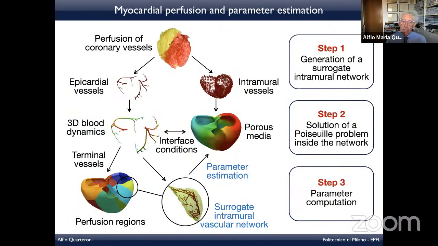Now, can we describe this fluid dynamics as well? Well, the difficulty here is due to the fact that we have several, on the order of 10, large coronary arteries that are sitting on the external surface of the myocardium, but then they enter into the tissue and they bifurcate and bifurcate and bifurcate and give rise to a very complex network of very small vessels.